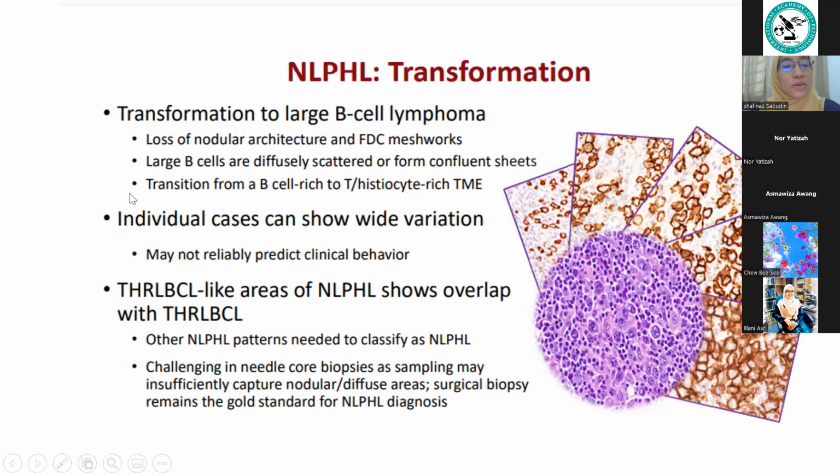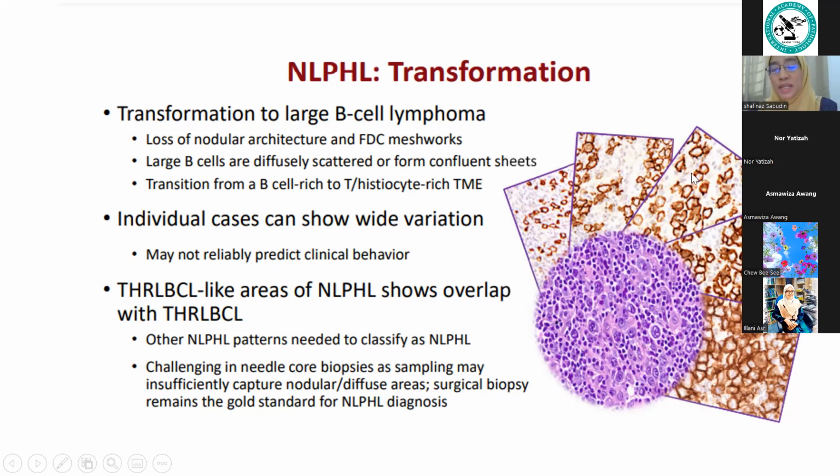And also the cellular background, in the background there is a transition from a B cell rich microenvironment to a T cell histiocyte rich microenvironment. If you see this picture on the left side, you can see the progression. The first picture here shows the T histiocyte rich large B cell lymphoma-like architecture where the cells are dispersed singly and the background is T cell rich.